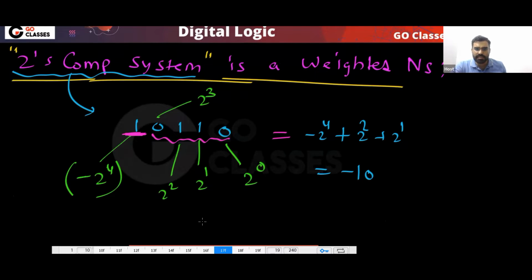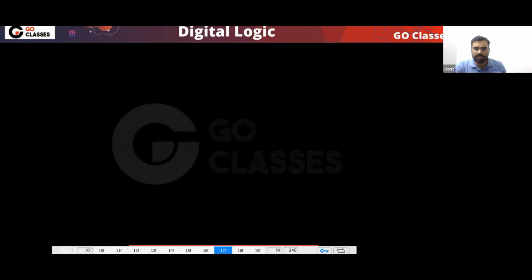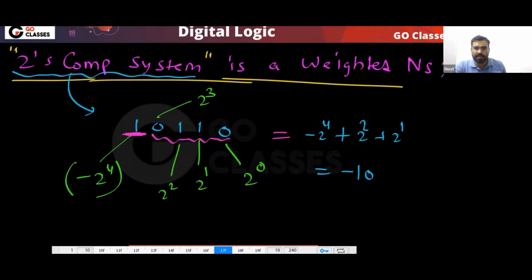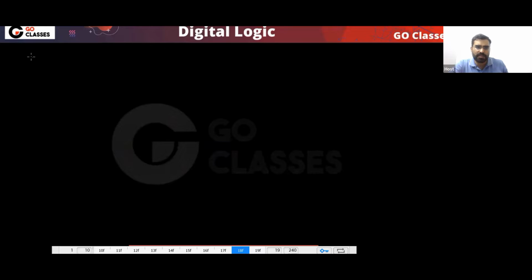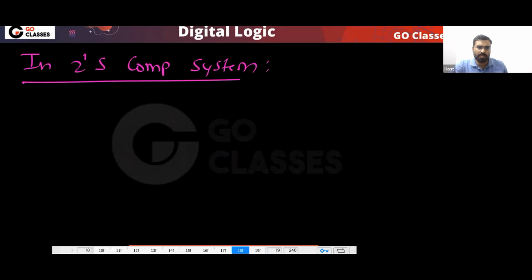In the 2's complement system, if you have any number, for example an, then an minus 1, then an minus 2, and finally a0.